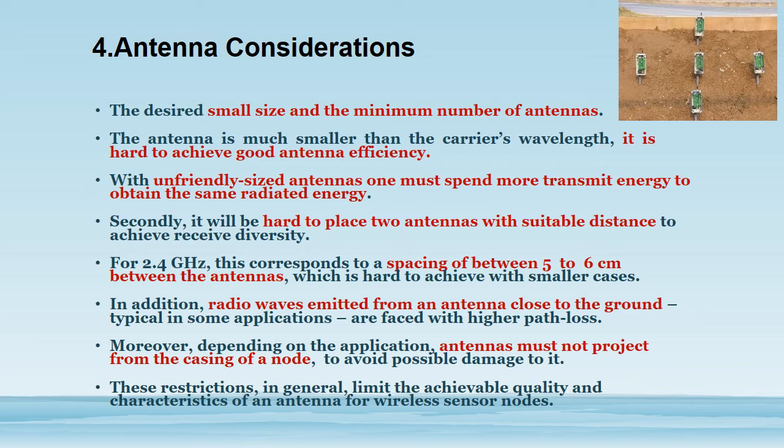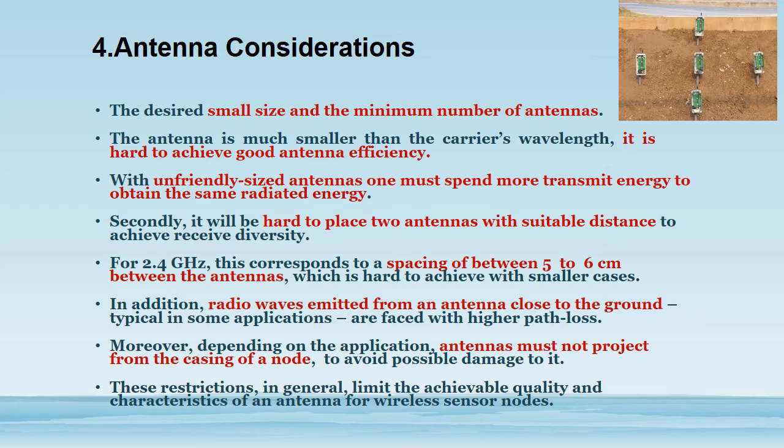If that condition is not satisfied, the efficiency of the antenna will reduce. So if you select an unfriendly size of antenna, it demands more transmitting power. Obviously the energy consumption will increase because of the unfriendly antenna size.